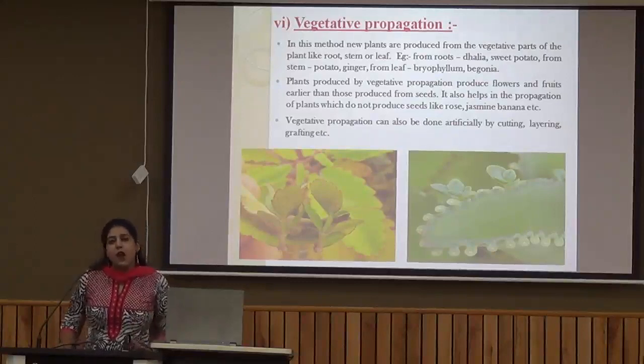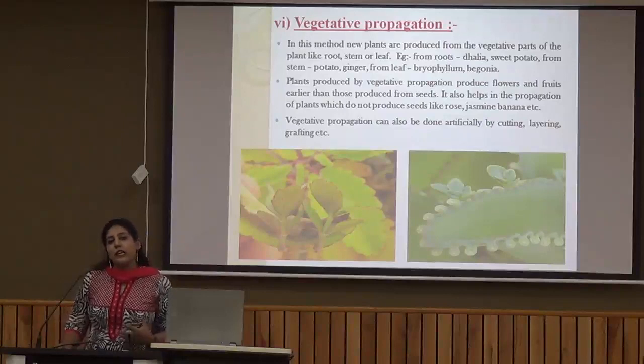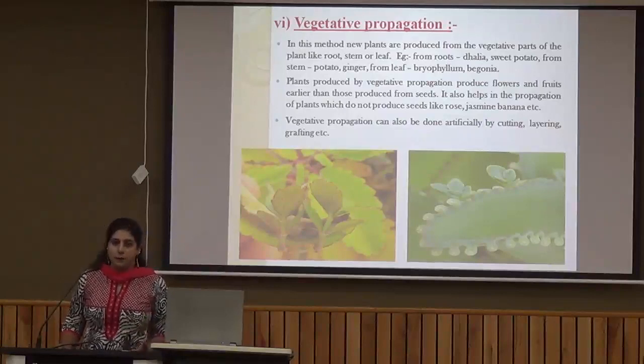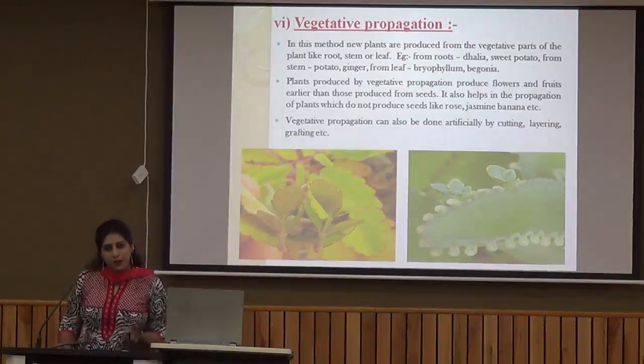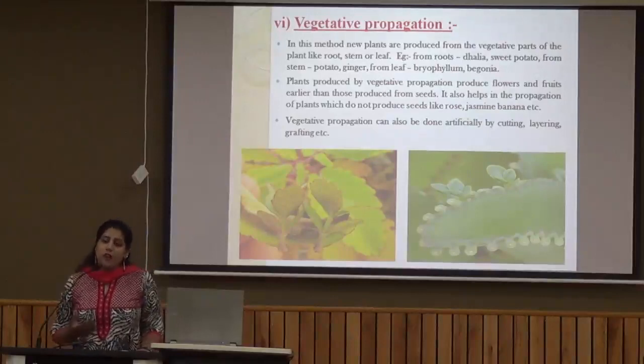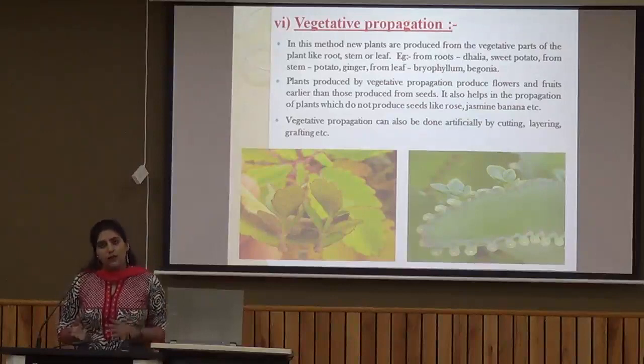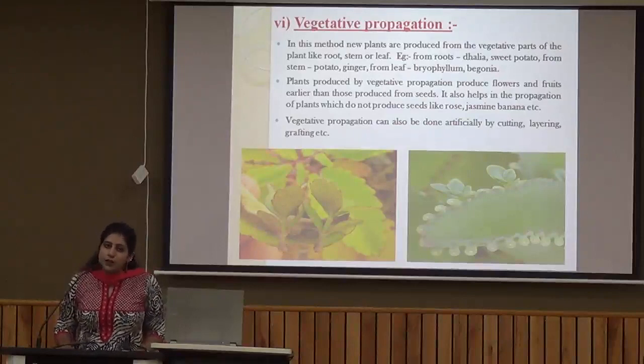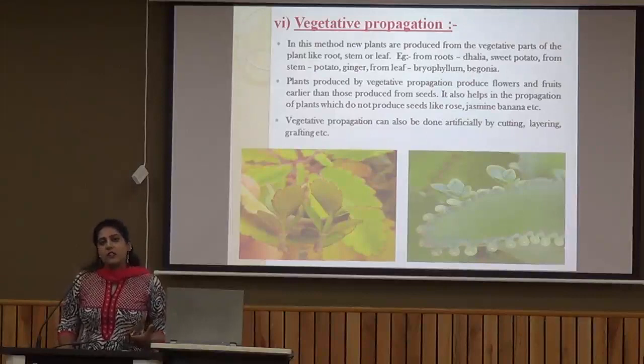But in artificial vegetative propagation, by cutting, layering and grafting, we can get the desired characteristics. For example, in the natural way, if I take a part of a leaf and directly grow it in the soil, the new plant will be similar to the parent. But with artificial vegetative propagation, we can get the desired characteristic.